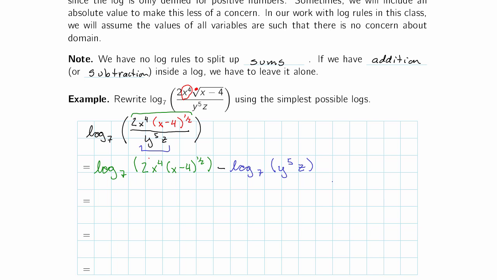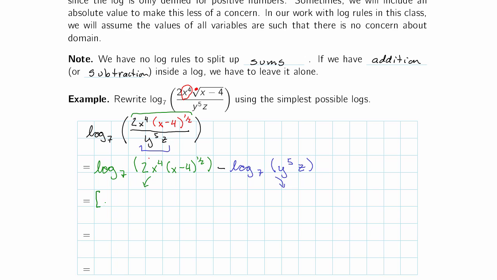Okay, now within each of those logs, we have a long product, right? We've got a bunch of multiplication in there. So each of these terms we can split up using the log of a product rule.